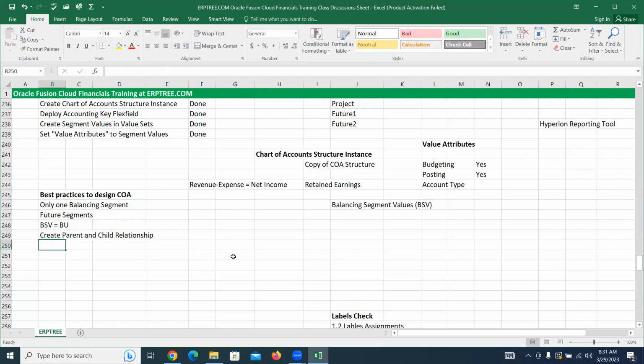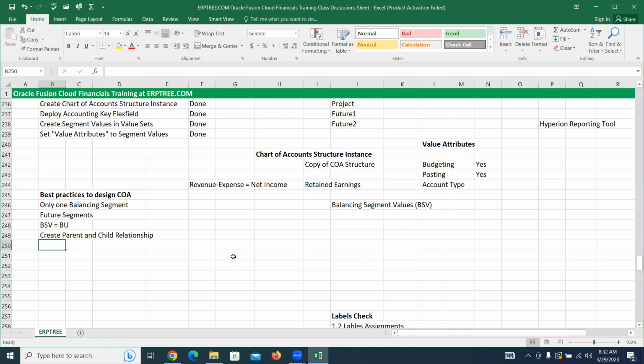And don't create segments which you can use in a specific application. If anything you are creating in the chart of accounts, that segment should be useful in many applications. If the segment is going to be useful in one application or two applications, don't take that as a segment in the chart of accounts.